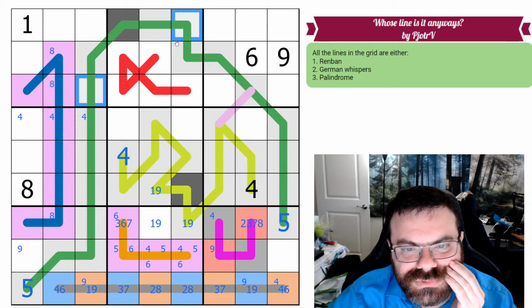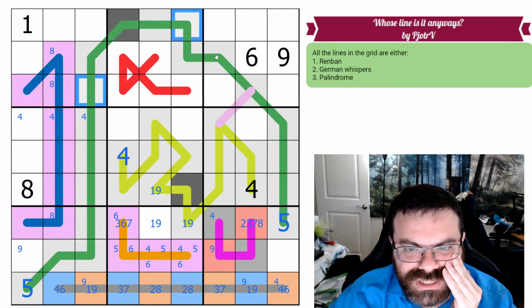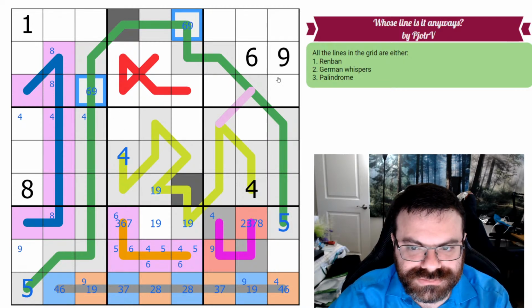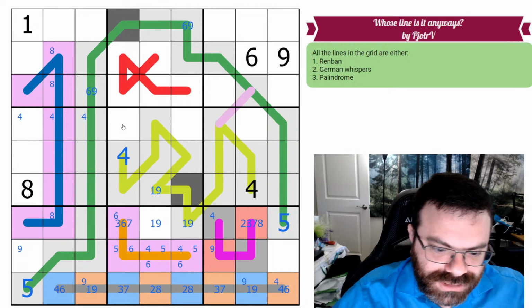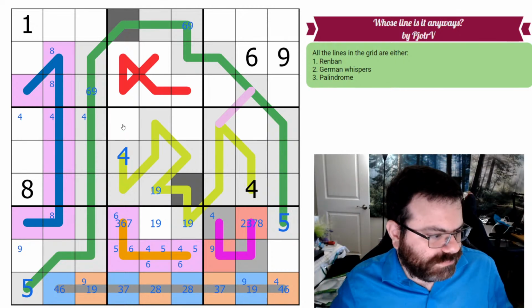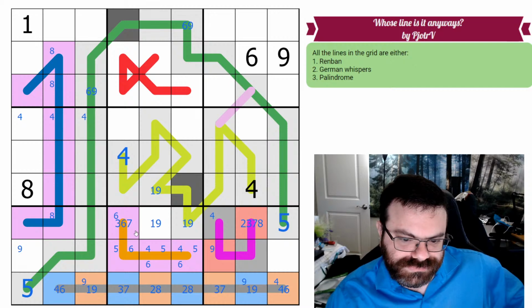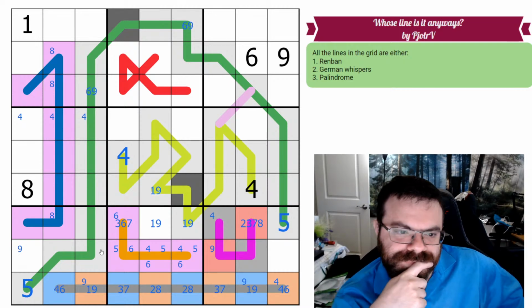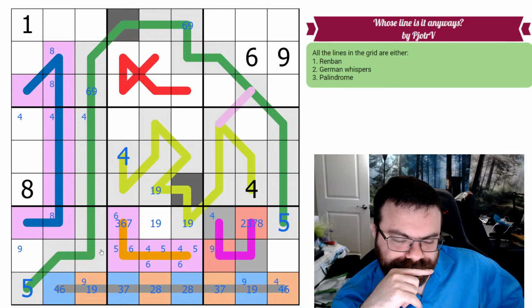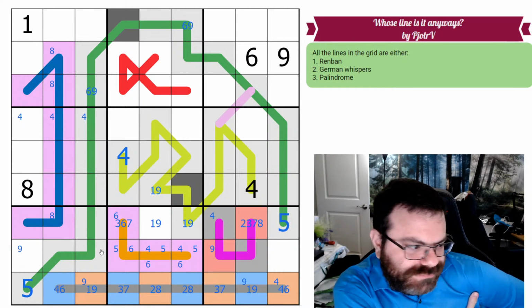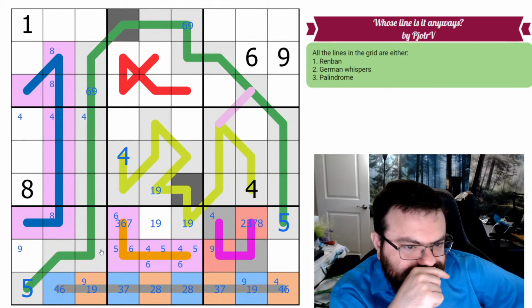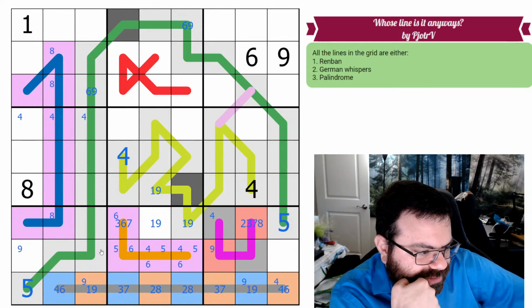That's true. Whatever is in these cells that are the same must be here in this row, but it can't be here because it's in the same column here. So this is a 6 or a 9. Matches one of these two. For whatever that's worth. The 9 in box 8.